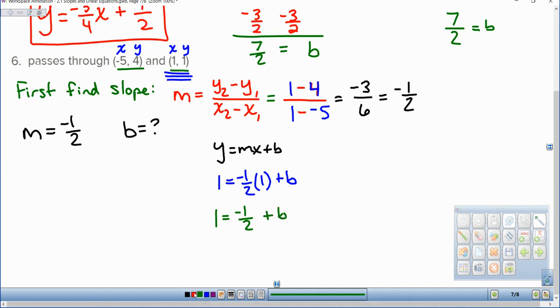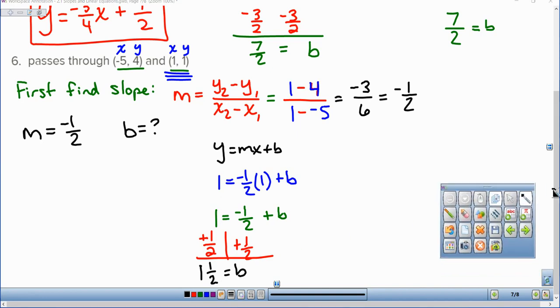How would I get b by itself? Since it says negative 1/2, I'm just going to add 1/2. Since we're adding, this might be a little easier to understand. It's 1 plus 1/2. Well, that is 1 and 1/2 as a mixed number. But as an improper fraction, which is how we would prefer this, 2 times 1 is 2, plus 1 is 3.